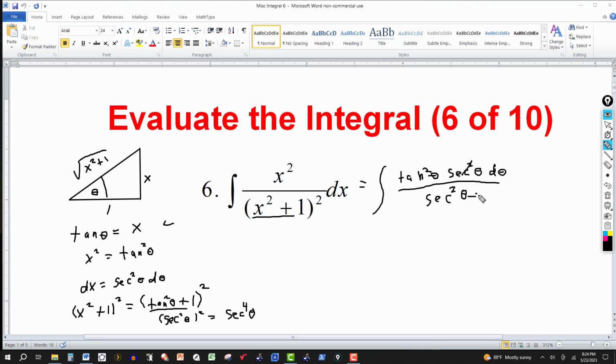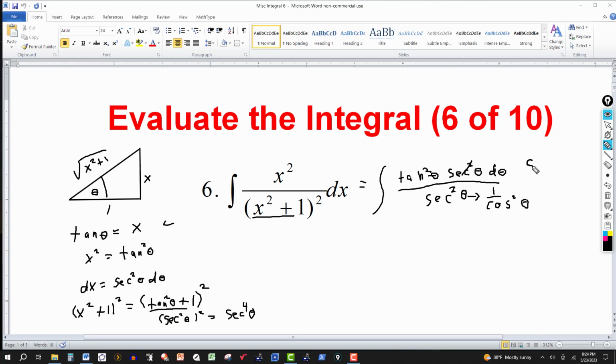But again, just to save some steps here, secant squared is 1 over cosine squared. Cosine and secant are reciprocals, so I can replace the secant squared by cosine squared theta. Remember, tangent squared theta is sine squared over cosine squared.